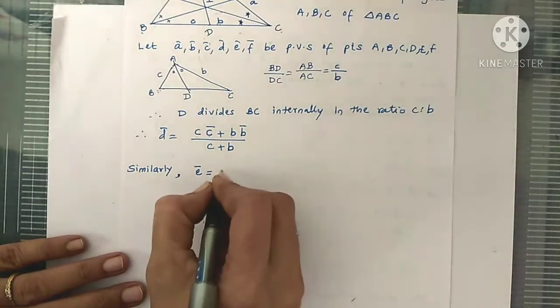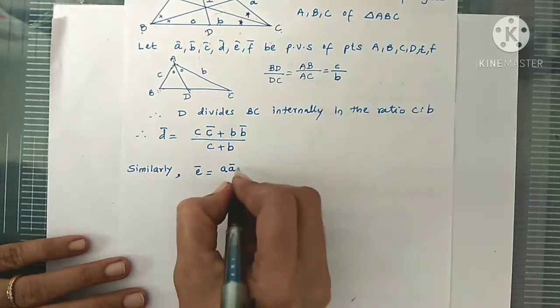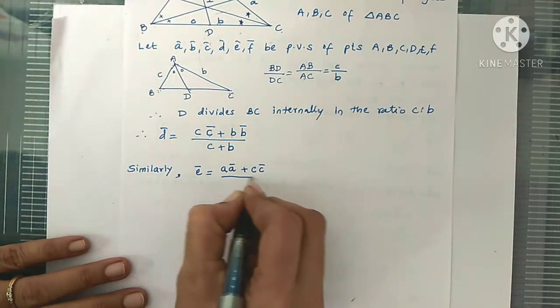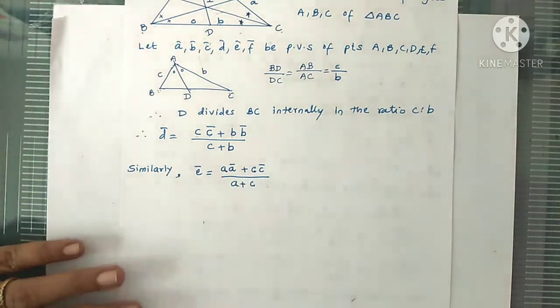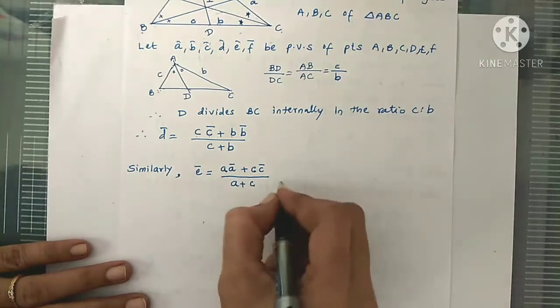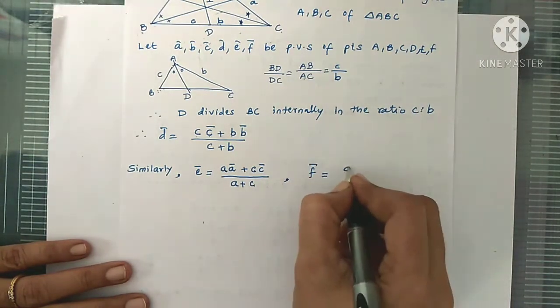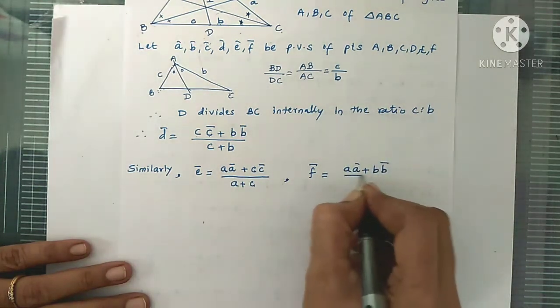As I said, a bar and a go together, and c and c bar we should write together. So E bar equals a a bar plus c c bar upon a plus c. It is the sum of the coefficients here. And F bar, now F lies on AB, so it is a a bar plus b b bar upon a plus b.